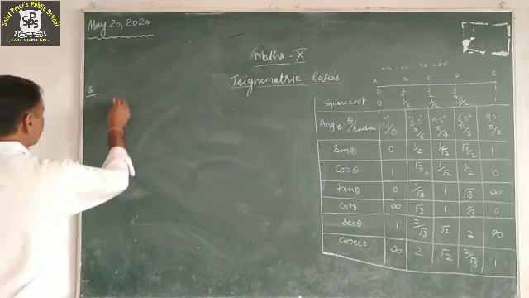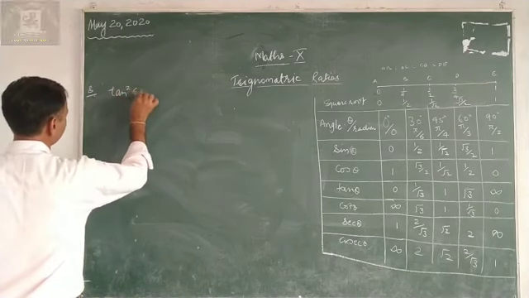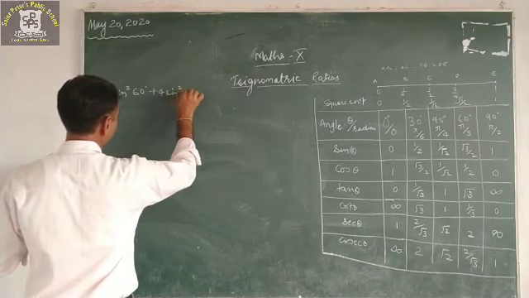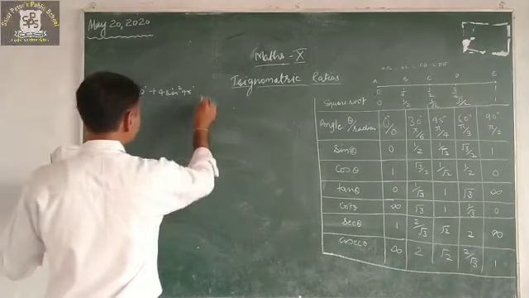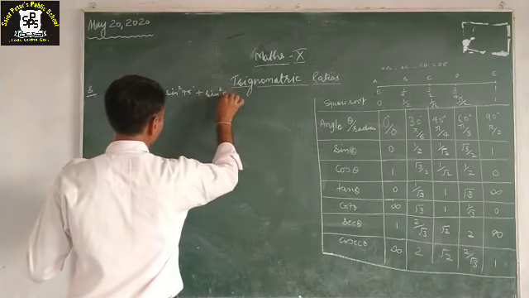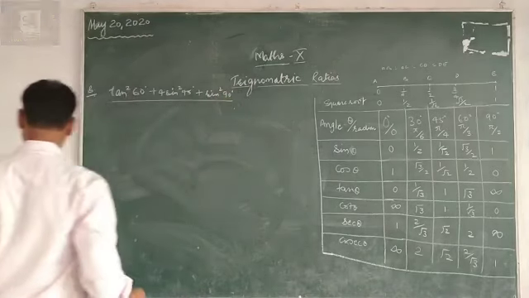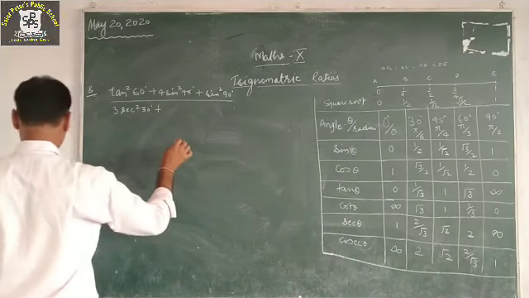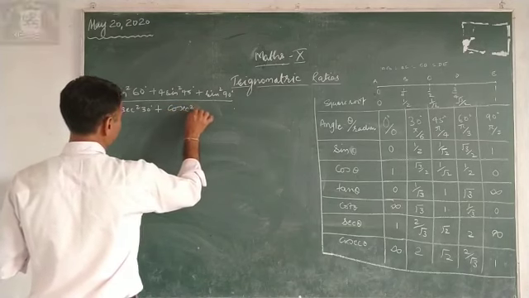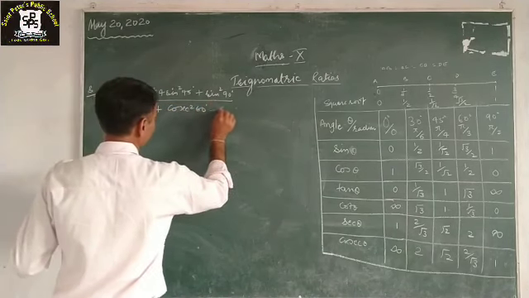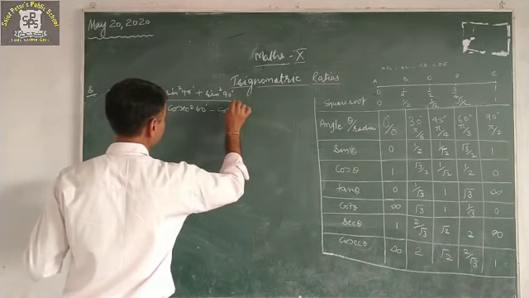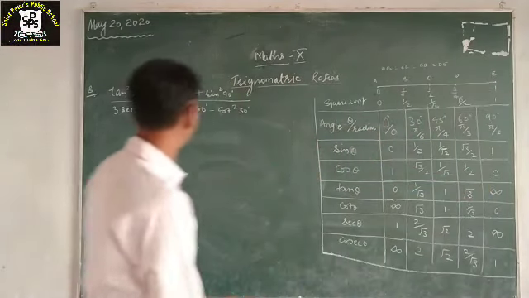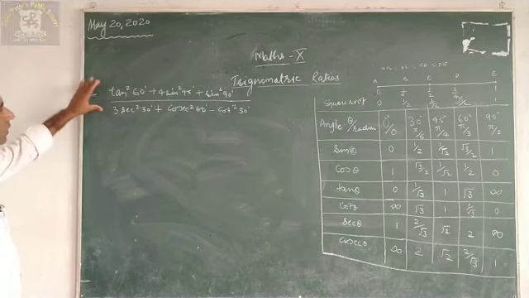The question asks: tan square 60 degree plus 4 into sine square 45 degree plus sine square 90 degree, divided by 3 sec square 30 degree plus cosec square 60 degree minus cot square 30 degree. Now the question is asking to find the value of this.